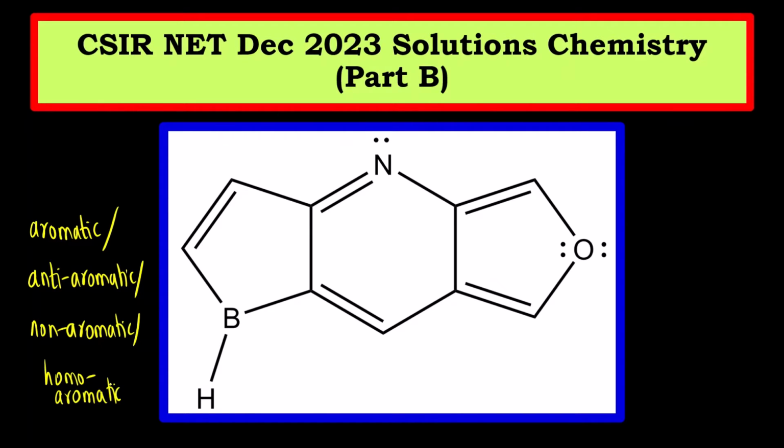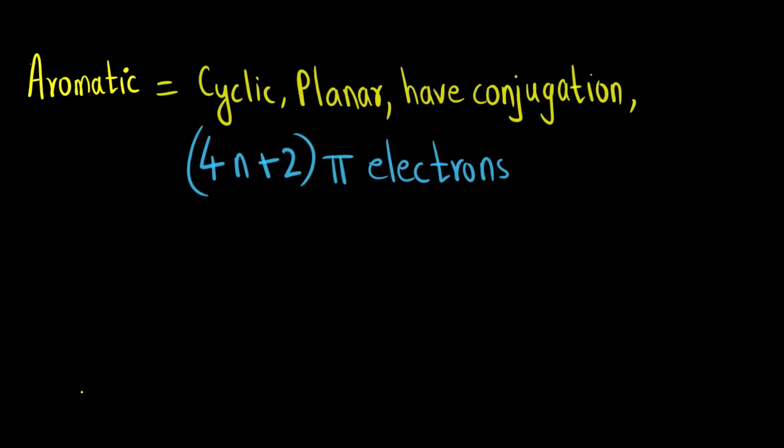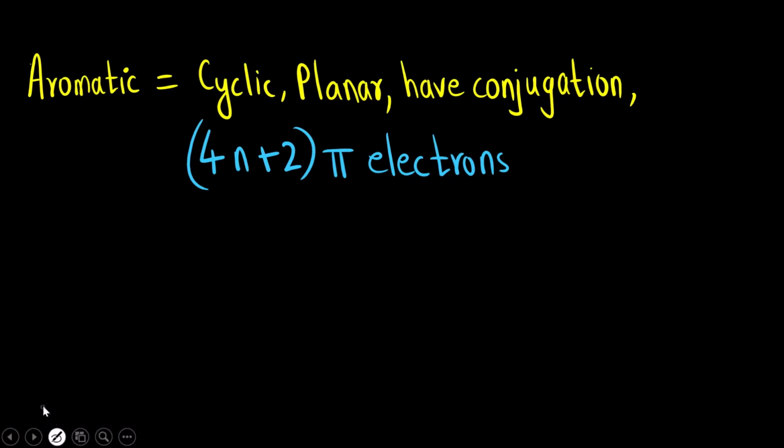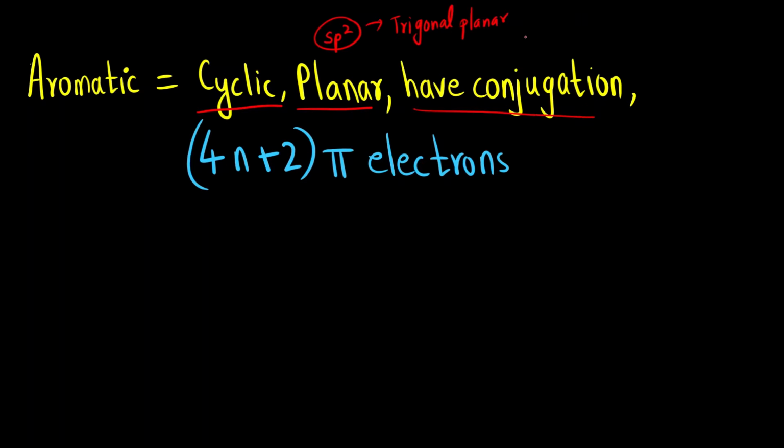Let us first understand in general what the conditions are for a compound to be aromatic. A molecule should be cyclic, that is, it should be a closed ring structure. It should be planar, that is, all the carbons must have sp2 hybridization so that they have trigonal planar geometry. Next, it should have conjugation, meaning alternate double and single bonds.